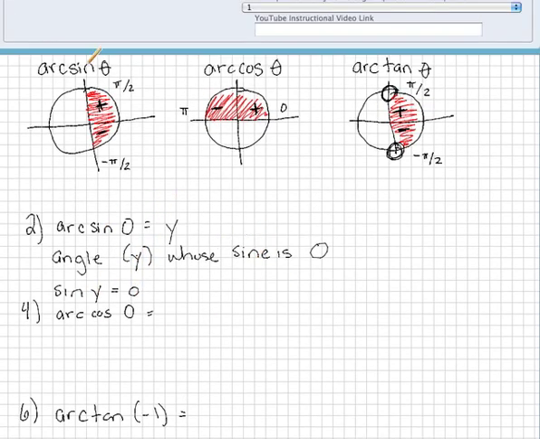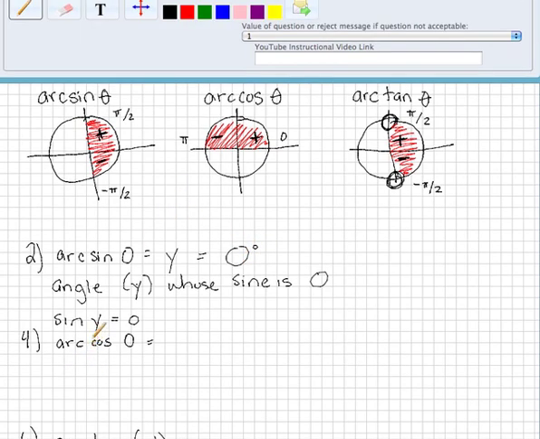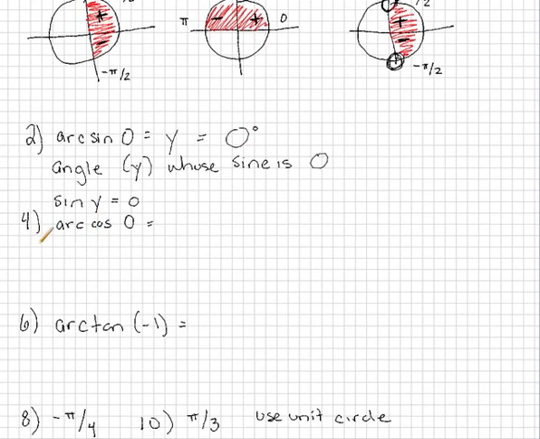So what we're going to do is we're going to go up to our picture for arc sine, and we're going to look at the place that's highlighted here in red, whose sine is 0. The only place whose sine is 0 highlighted in this picture is actually the angle 0. So the arc sine of 0 is actually 0, or 0 degrees. It's an angle.